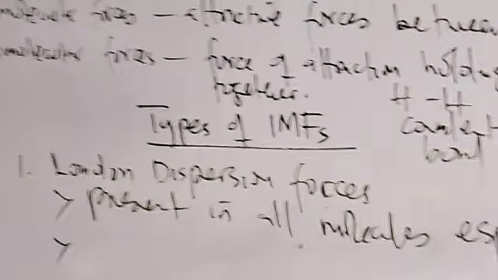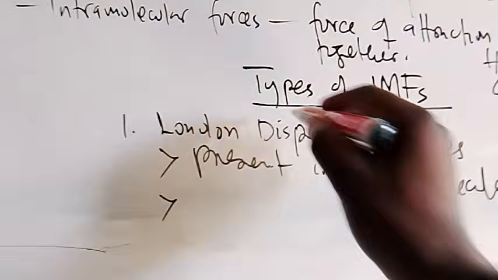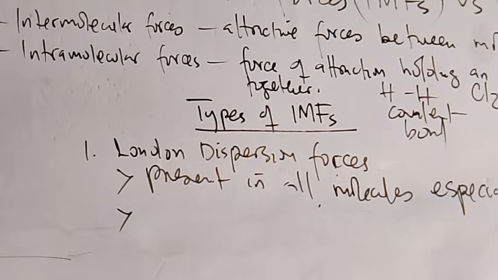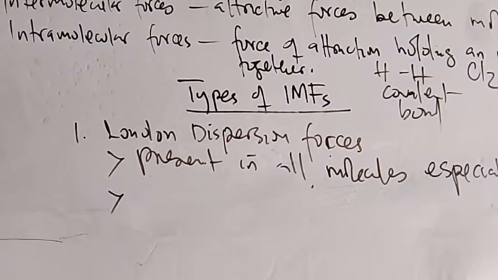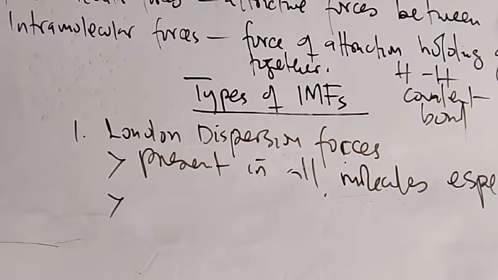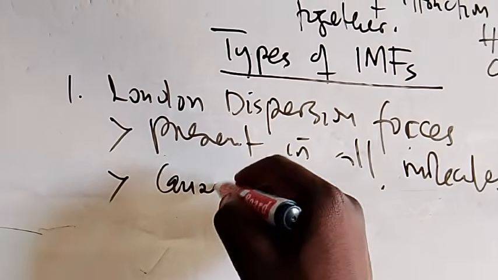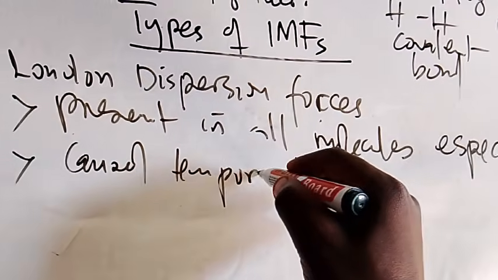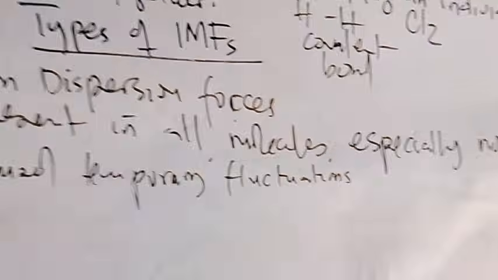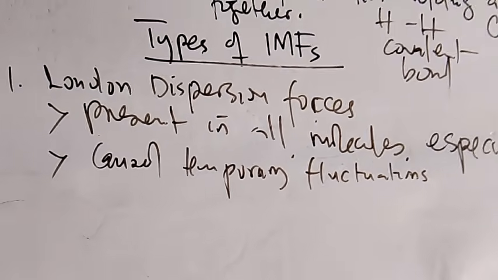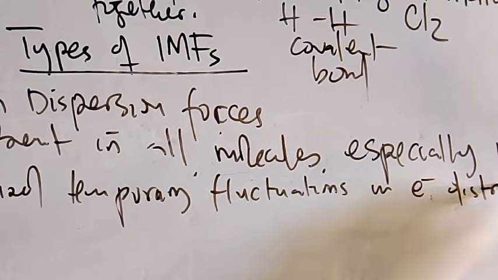Then, types of intermolecular forces. Number one, we have the London dispersion forces. London dispersion forces are present in all molecules, especially non-polar molecules. They are caused by temporary fluctuations in electron distribution.